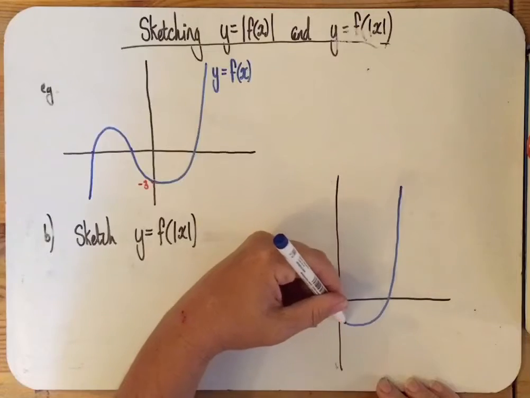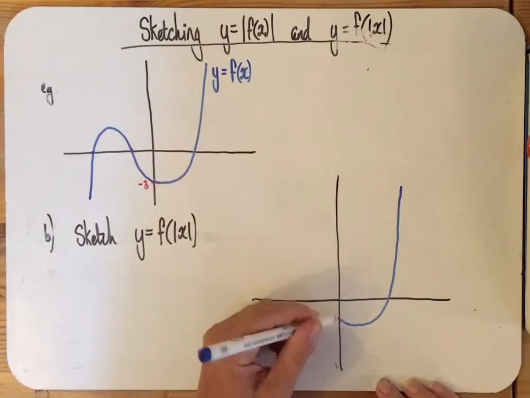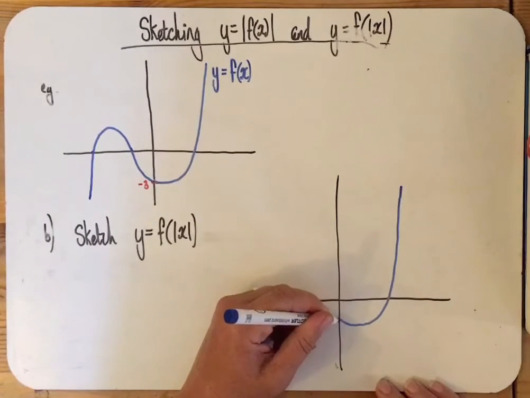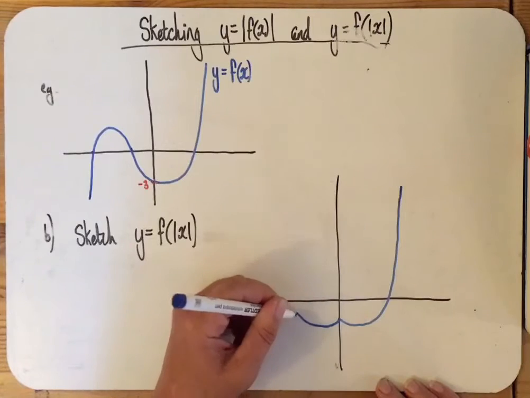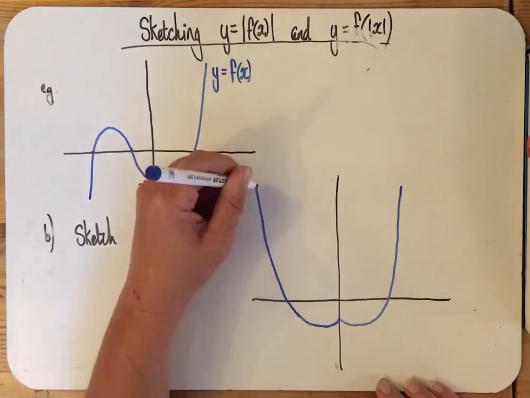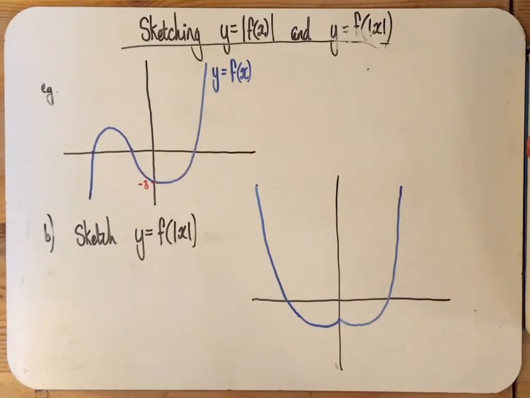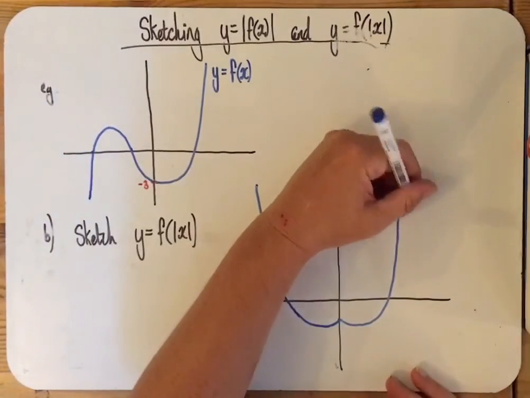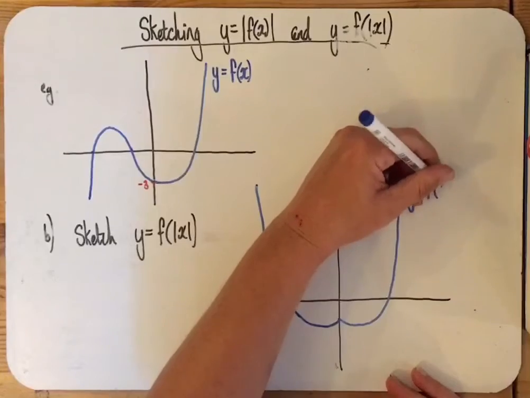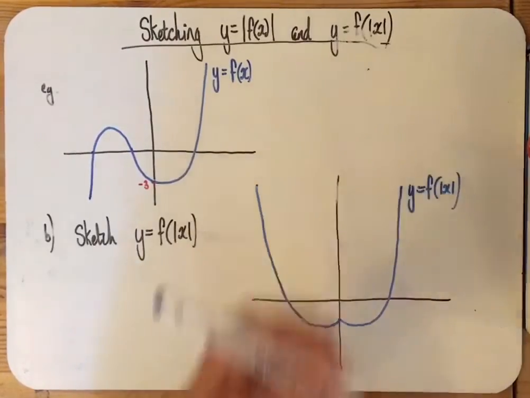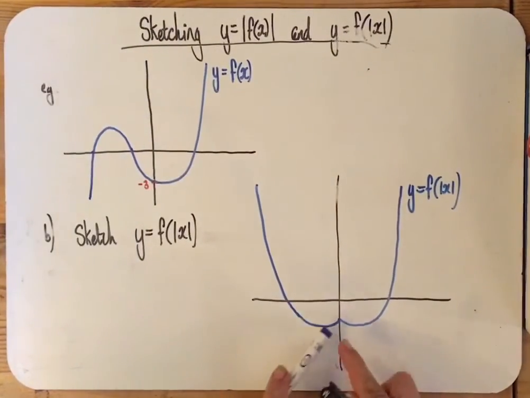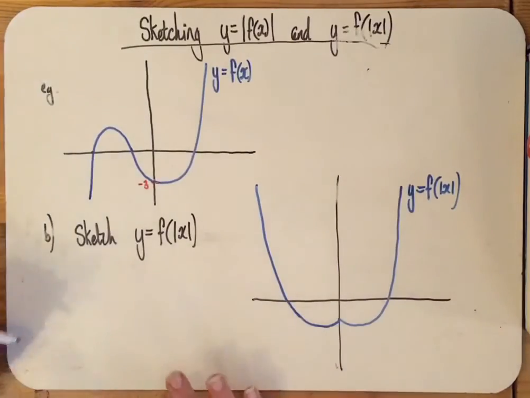So that's my positive x section, and that gets reflected in the y-axis, like so. So that is y equals f of the modulus of x. So the negative x behaves like the positive x.